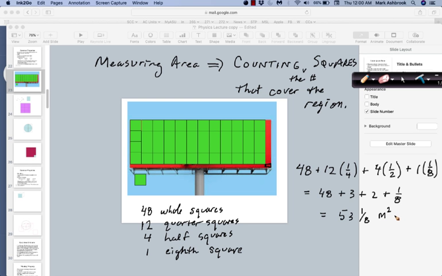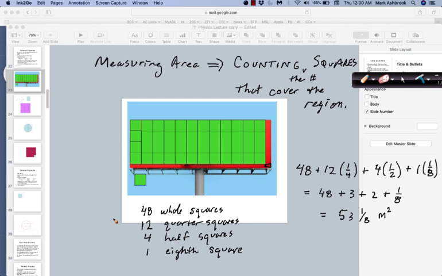Square meters, or meter squares, right? So what's the size of the billboard? Again, it's 53 and 1/8 times as much as 1 meter square. That is that area.